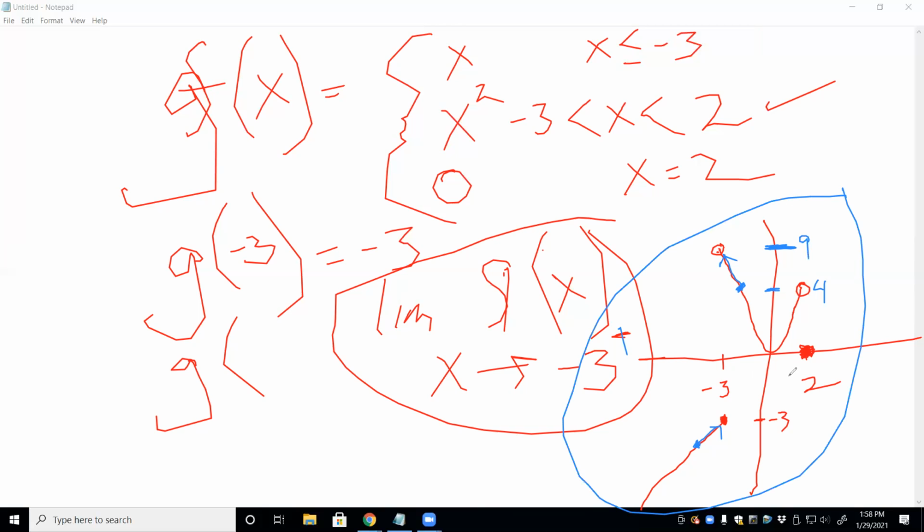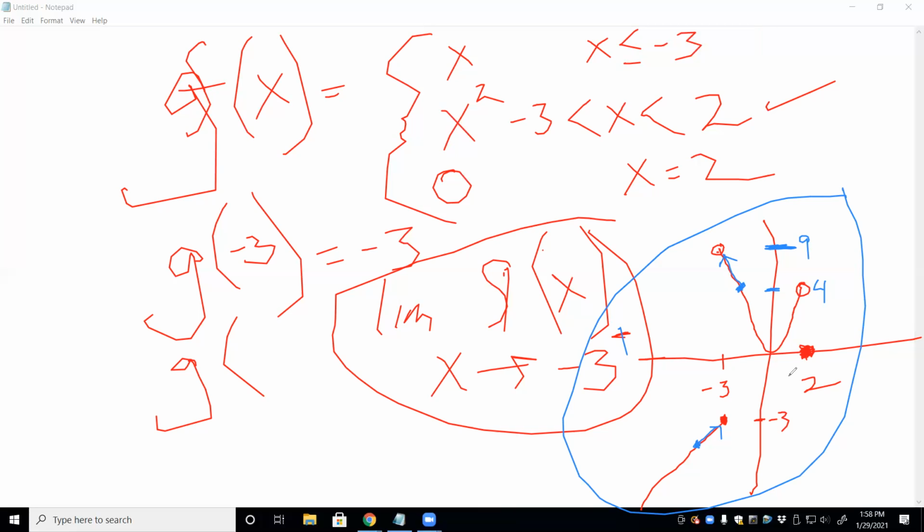Actually, I can't approach 2 from the right because the function doesn't exist. It was not defined to the right of 2. Unless it was and we just didn't write it down. But to the right of 2 is outside of our domain as we have written it.